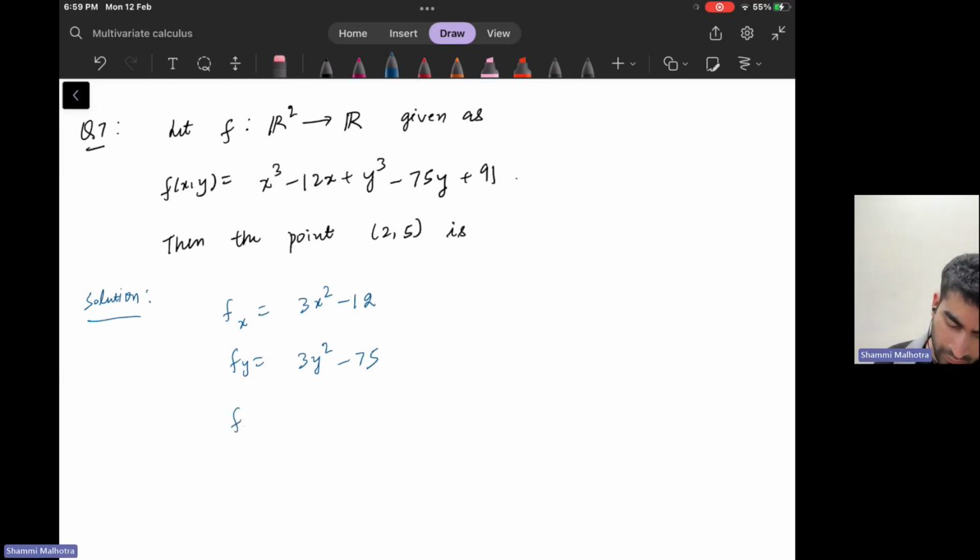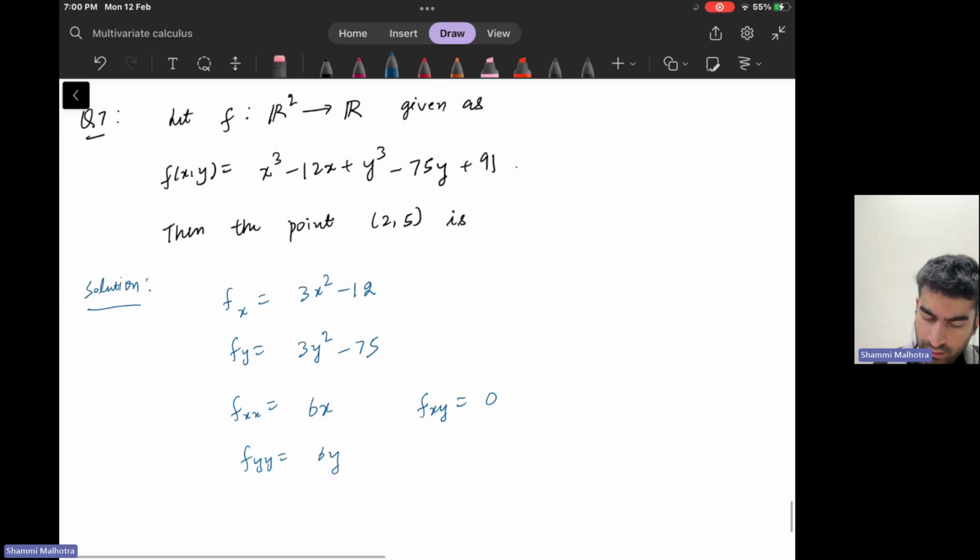Then we have fxx given as 6x and fyy given as 6y. fxy is given as 0 only.